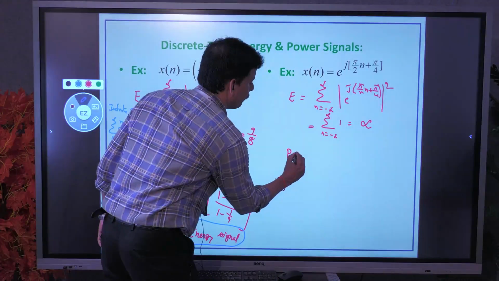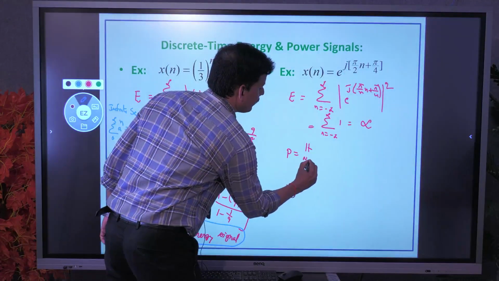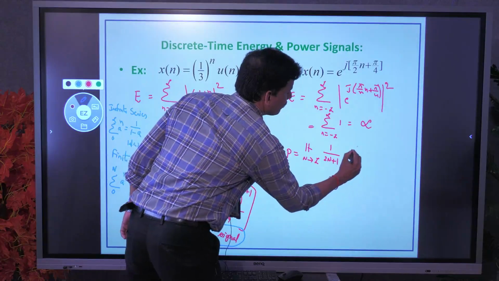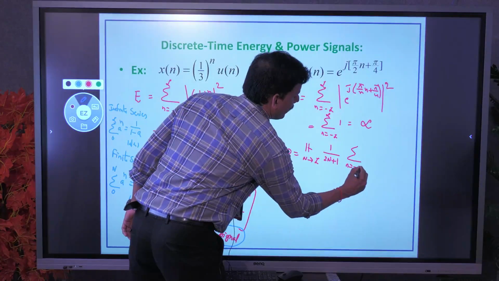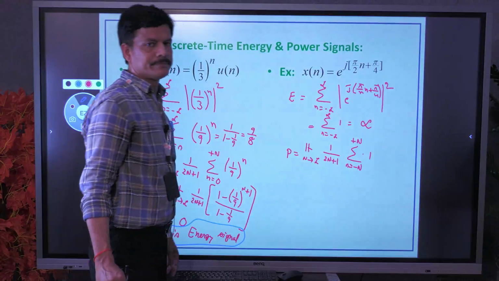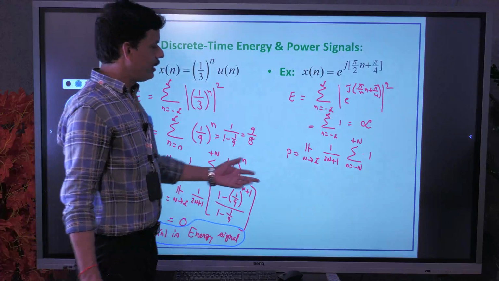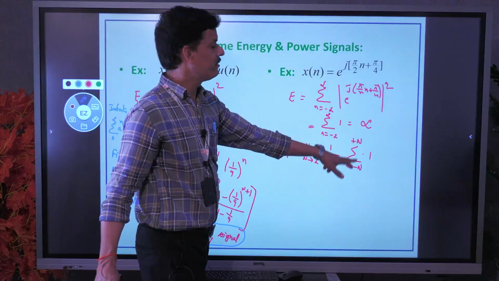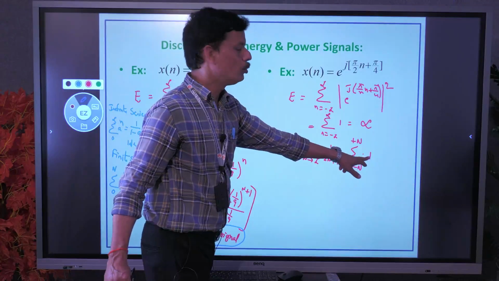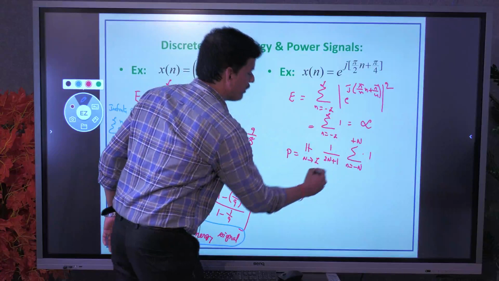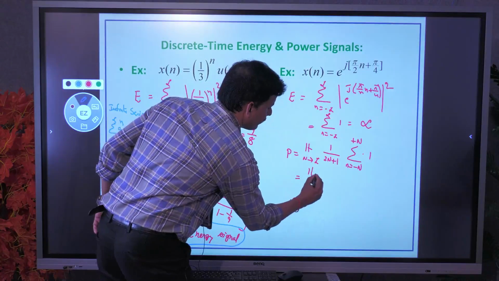Similarly, you can find out the P. The limit as N tends to infinity of 1/(2N+1), the summation of n equal to minus N to plus N of, directly I am putting 1. So here also from minus N to plus N, we get 2N+1. So the summation from minus N to N of 1, how many 1s are there? 2N+1 are there.